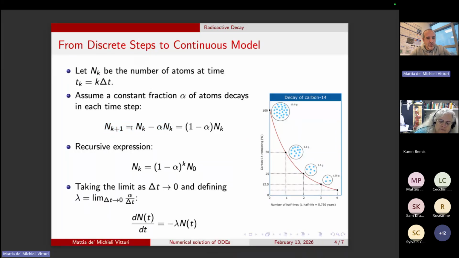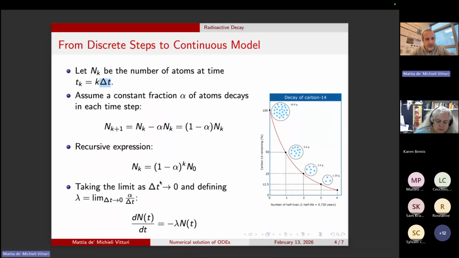So if we want to look at the difference, we can move this term to the left. By moving this term to the left, we have exactly the difference between the new value and the old value, so we have the change. We start from this one, move N_k from the right to the left, and then we want the rate of change, so we divide by delta t.